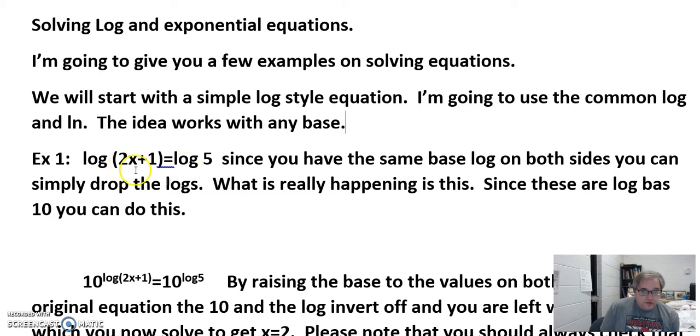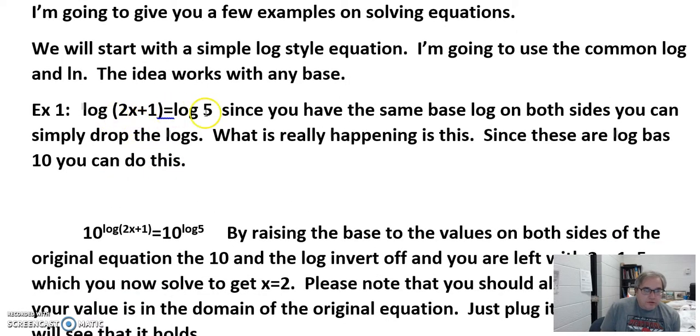Now, there's two ways of doing this. The pure math way is this. These are equal to each other, so if I take 10 raised to this side equals 10 raised to that side, it has to be true that these two values are equal. We're not used to doing that, but if these are equal, then any base raised to them as exponents has to be equal.